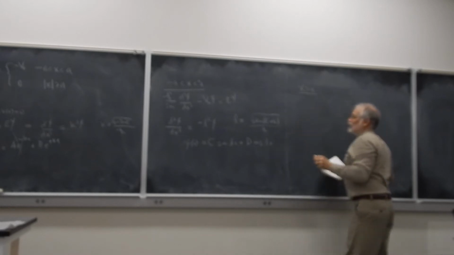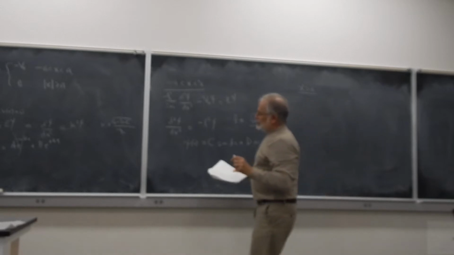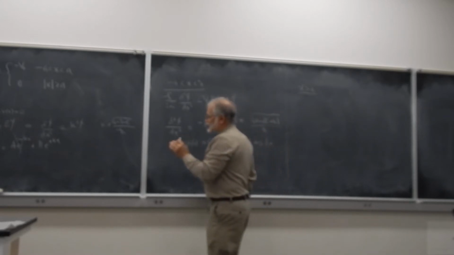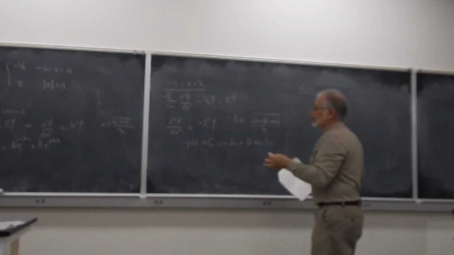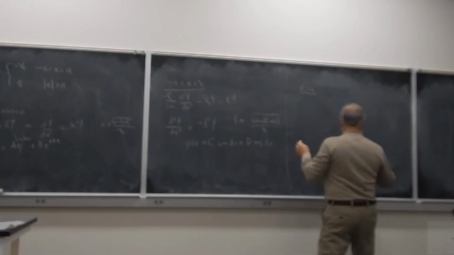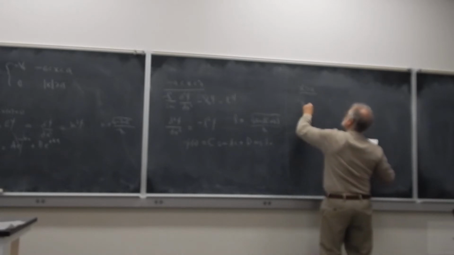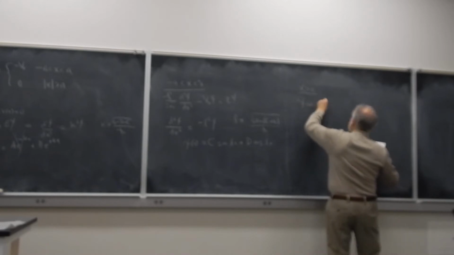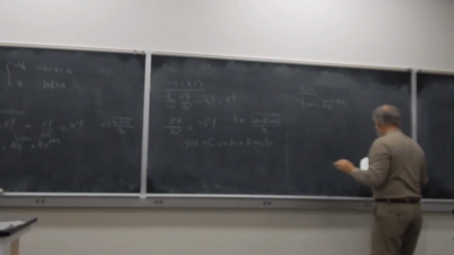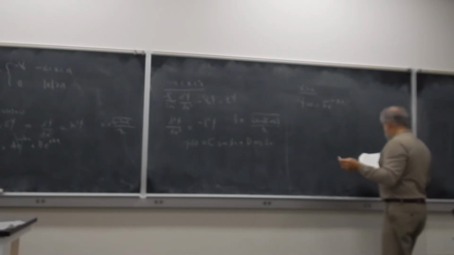In this case, I can write my general solution as F e to the minus kappa x plus G e to the positive kappa x. But G has to be equal to 0, otherwise the wave function would blow up at positive infinity. So I can write my solution in this region as F e to the minus kappa x.